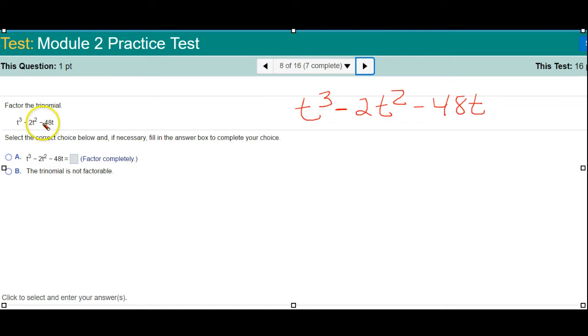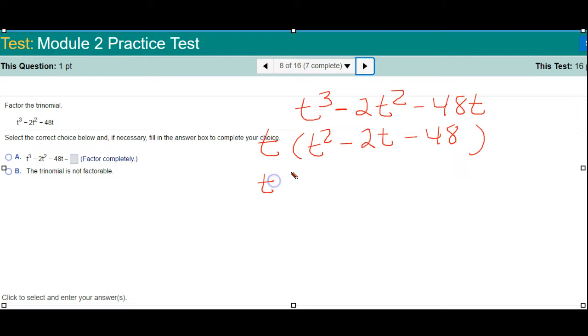Now, for something like this, is it in standard form? Yes. Are there any common factors? Yes. So we're going to factor out the common t. So then we get t squared minus 2t minus 48.